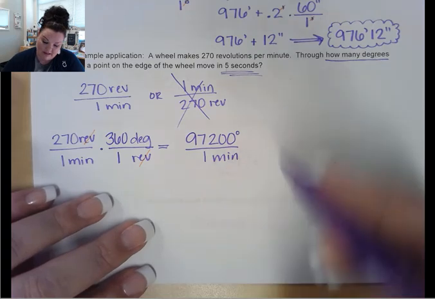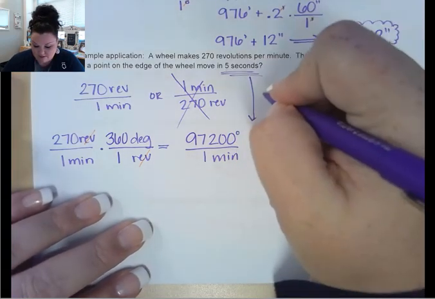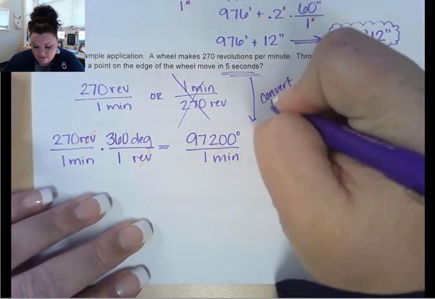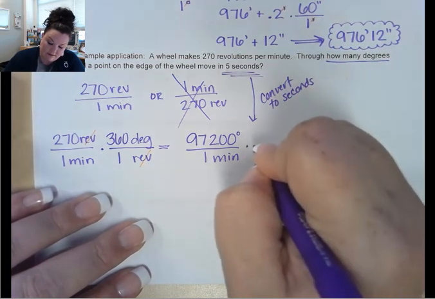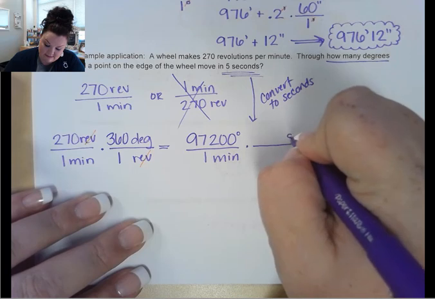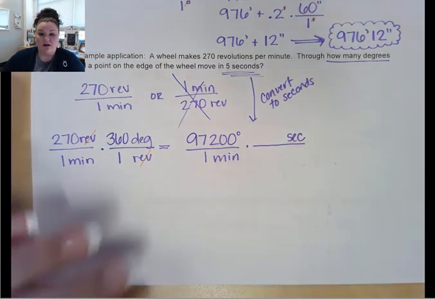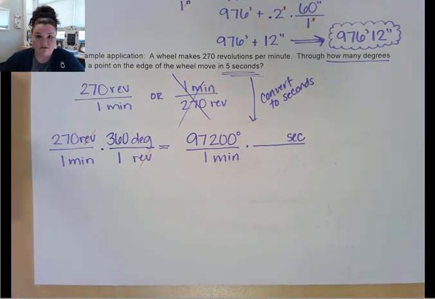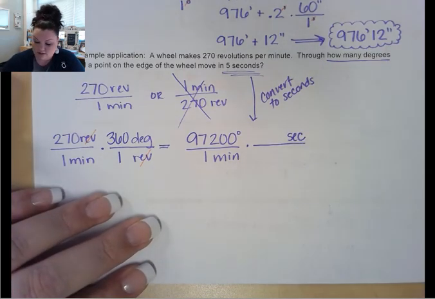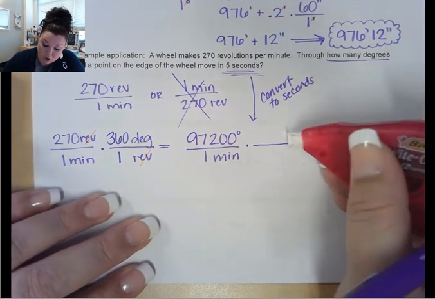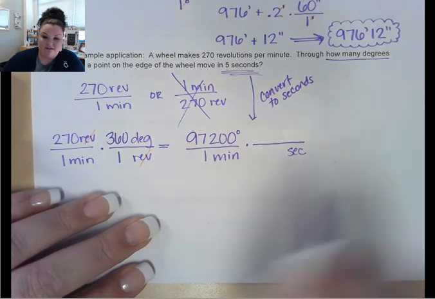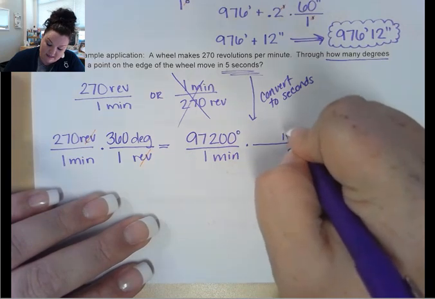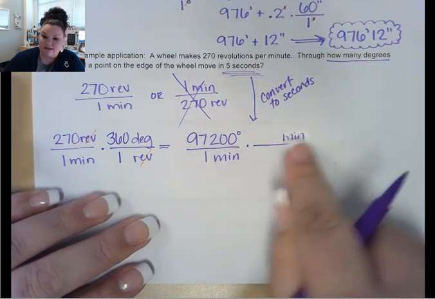So now I'm going to put a line here and convert to seconds. I need seconds on the bottom, sorry, because I want degrees per second, with degrees on top. Then I have minutes on top so that these two will cancel.